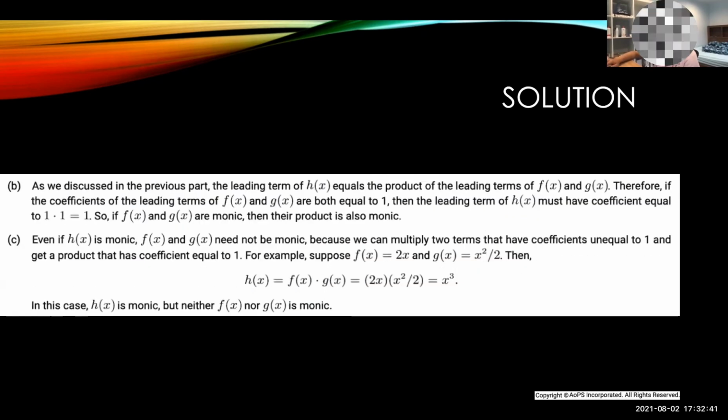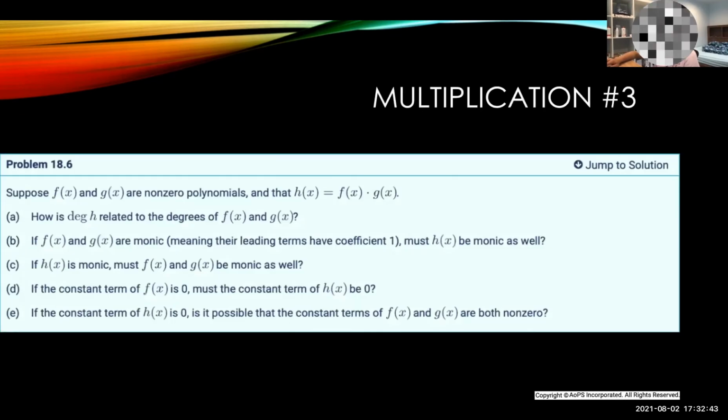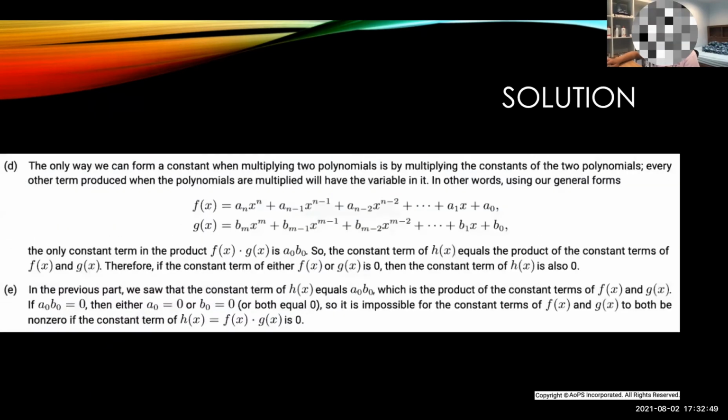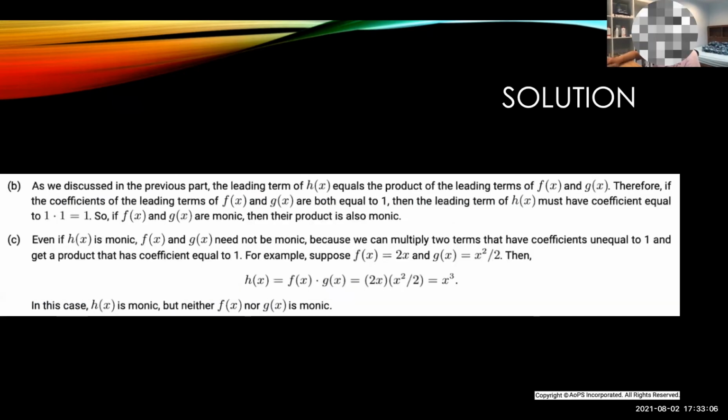So D, if the constant term of f of x is 0, must the constant term of h of x be 0? Yeah, the constant term has to be 0, because, wait, let me read this again.